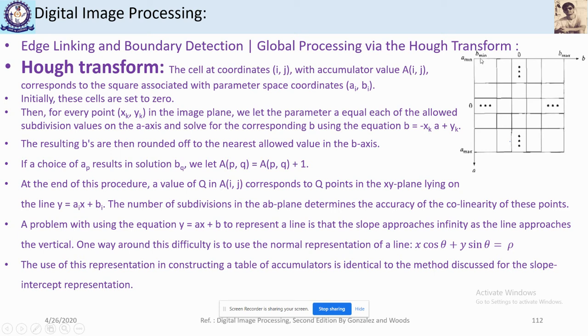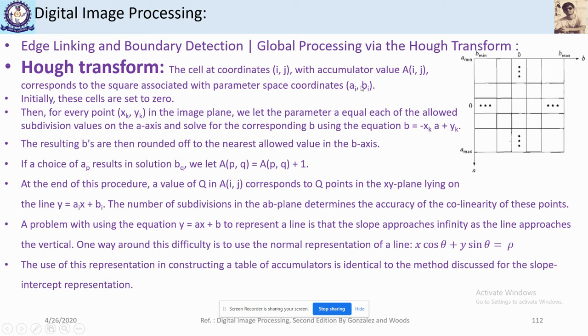Each cell will have an accumulator, and that accumulator will hold some value. We will discuss what that value is. The accumulator is denoted by aij. Now aij is a particular cell, and this cell corresponds to the parameters ai and bj.